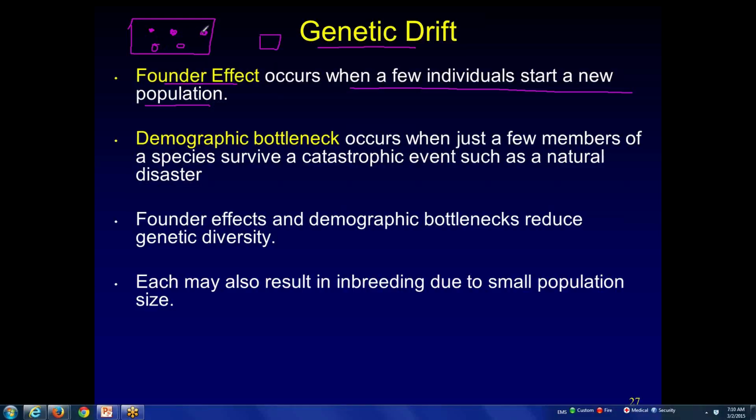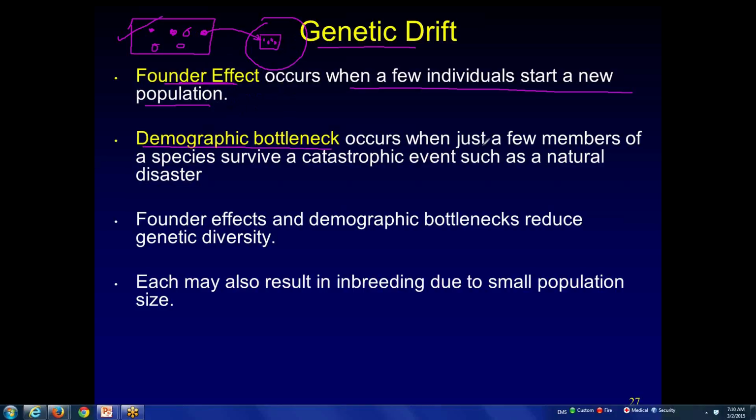And it just so happens that some dark individuals expand and move to this small piece of habitat over here. Now this little piece of habitat is only going to have dark individuals, just by chance. You still have dark individuals in the main piece, but on this little patch, everything is dark. That's the founder effect: just a few individuals starting a population, which has a big change in your genes.